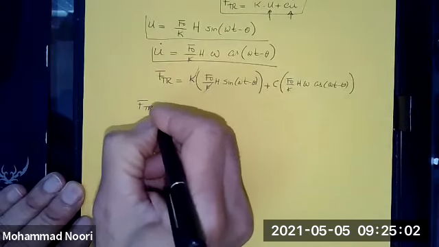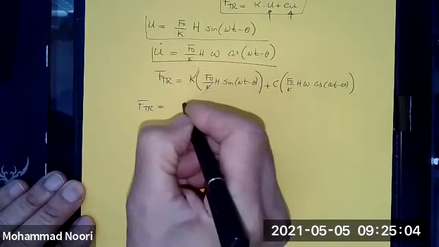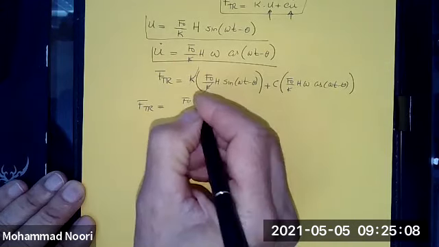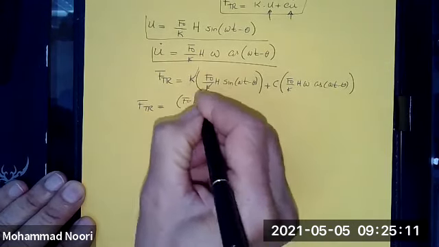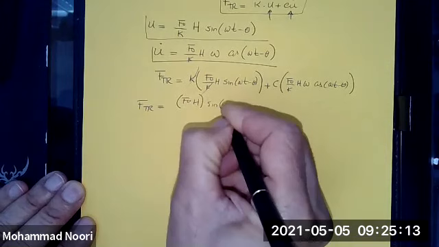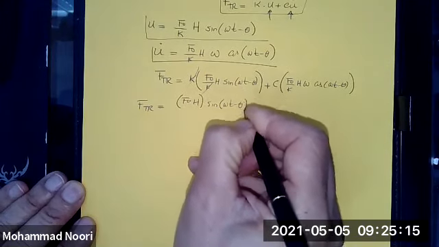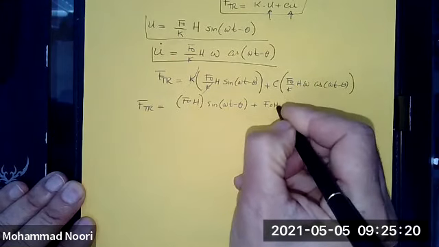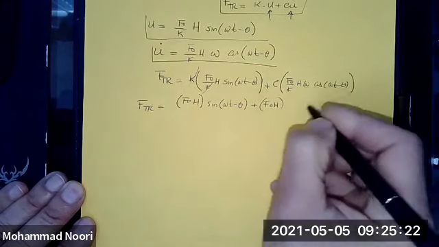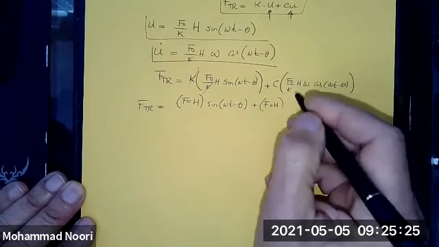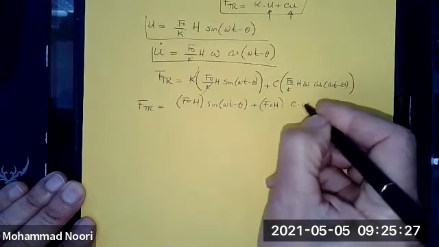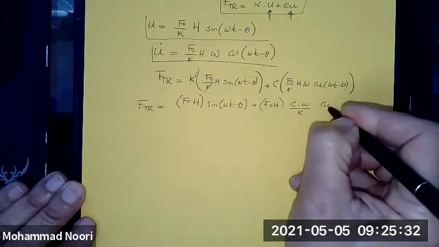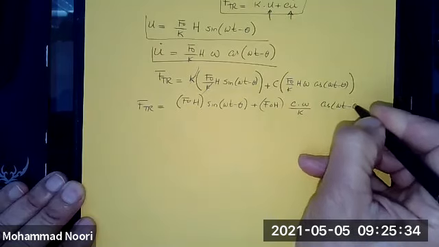The transmitted force then becomes F0 H times sine omega t minus theta plus F0 H times C omega over K times cosine omega t minus theta.